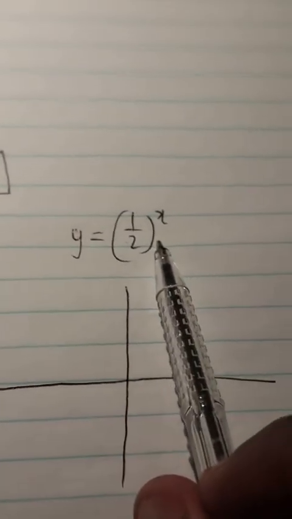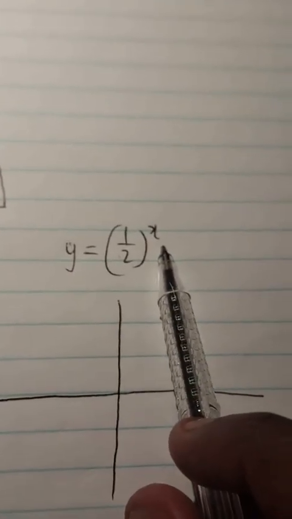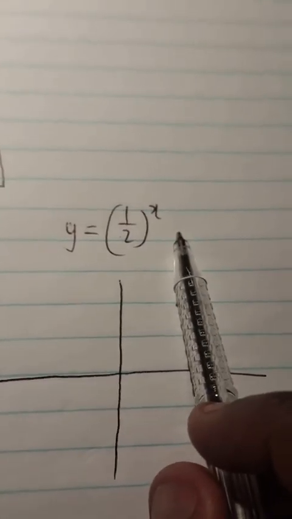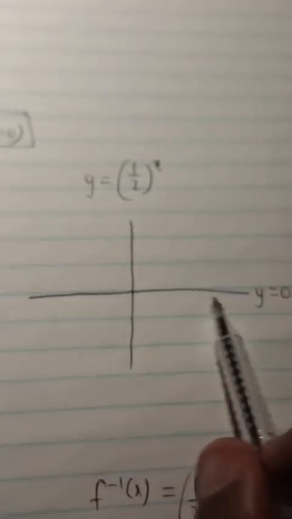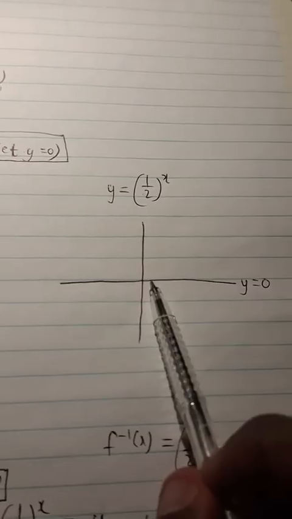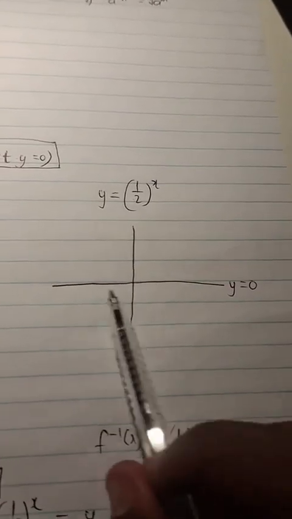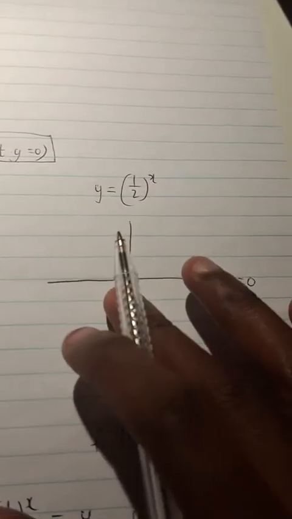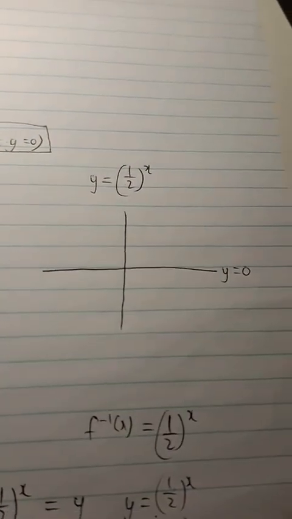Clearly guys, you can see that there's an asymptote there, which is basically going to be, you see, plus 2 is 0. So that means you're going to have your x-axis as your horizontal asymptote. That's very important, because you must always know the asymptote before you sketch an exponential function.